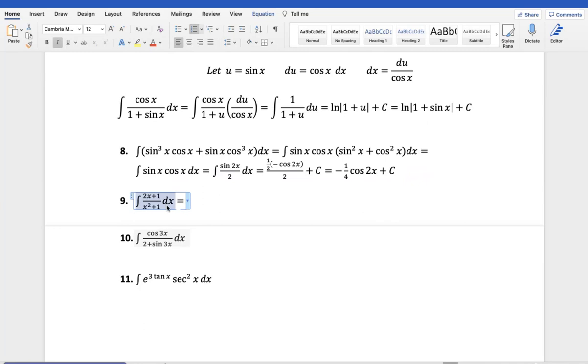Right away you can see that you can separate this integral into two separate integrals again, where we have the integral of 2x over x squared plus 1 as the first term, and the integral of 1 over x squared plus 1 as the second term. For the first part, you can clearly see that the numerator is the derivative of the denominator.